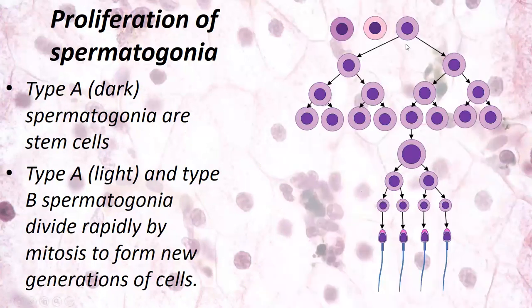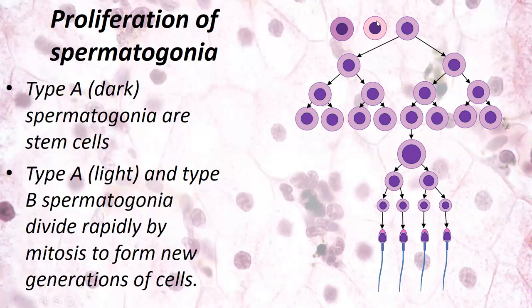Type A dark cells are inactive stem cells, and only after injury of other cells may they be activated to provide regeneration of other spermatogenic cells.